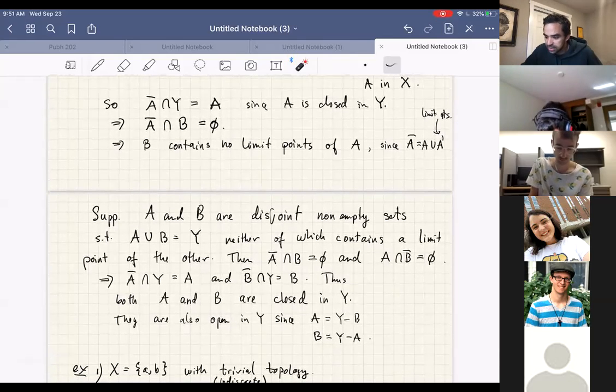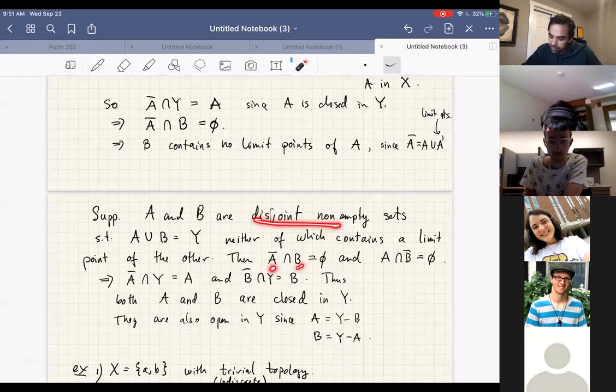This implies that the closure of A in X intersected with B is empty, because B does not contain any limit points of A, and B does not intersect A because they're disjoint. And similarly, A intersected with the closure of B in X is empty.